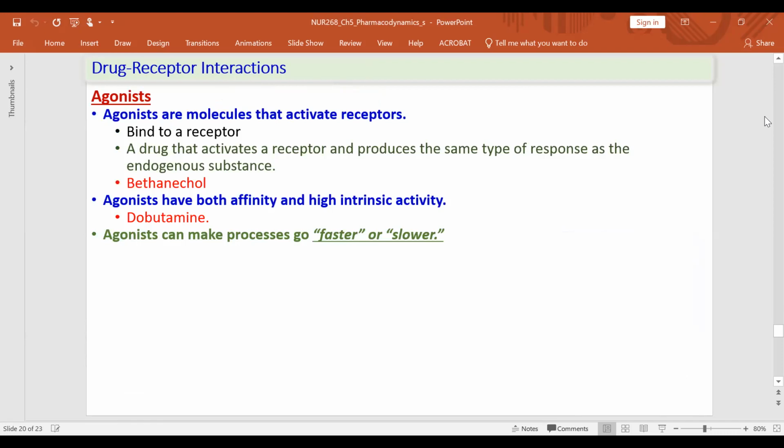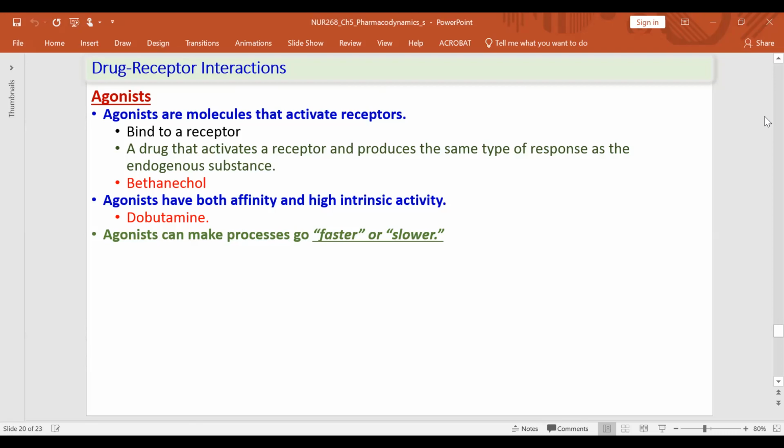Agonists are molecules that activate receptors. They will bind to a receptor, a drug that activates a receptor and produces the same type of response as the endogenous substance.